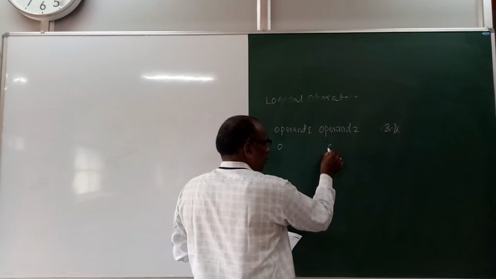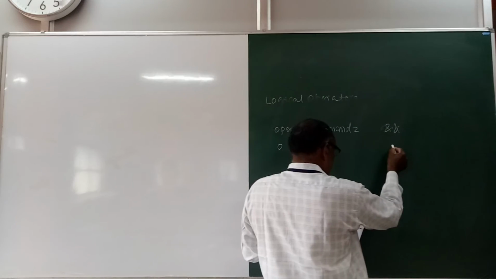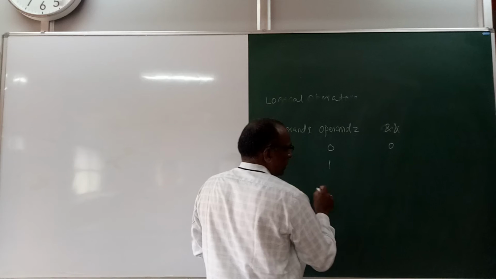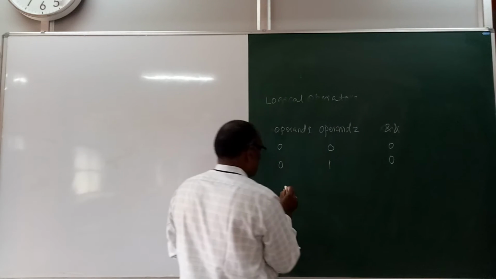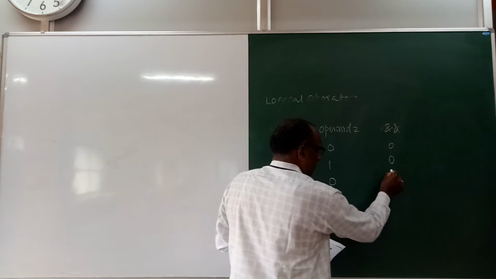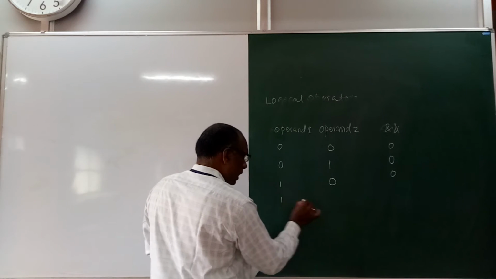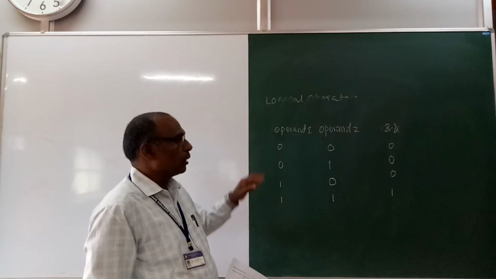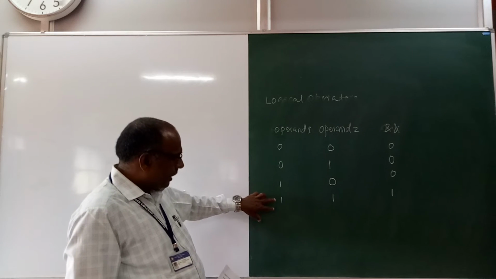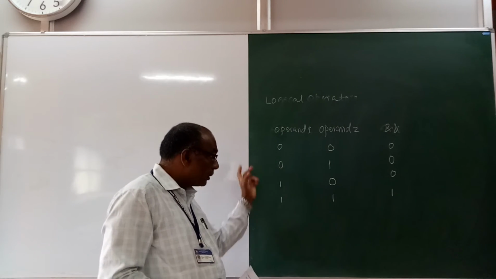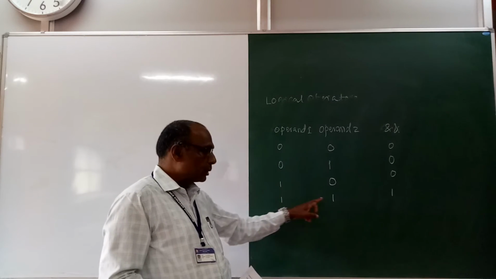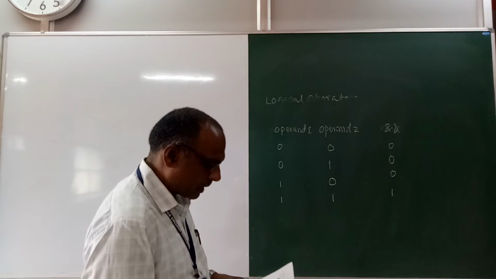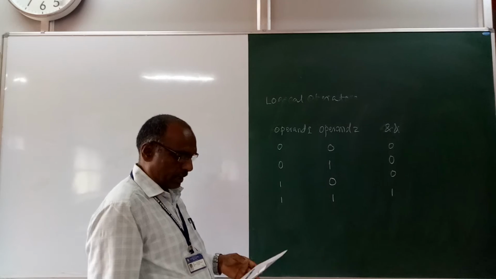False means 0. False, false gives false. False, true, that is 1, gives false. True, false gives false. True, true, 1, 1, gives 1. The AND logical operator will have the value true provided both operands are true. It is nothing but multiplication, and it follows this truth table.